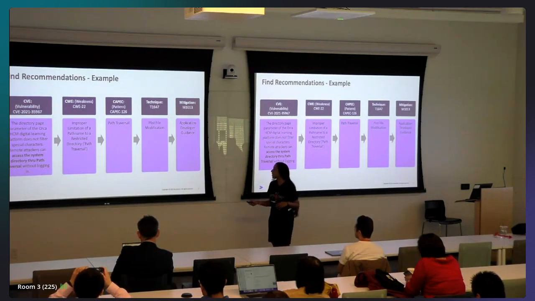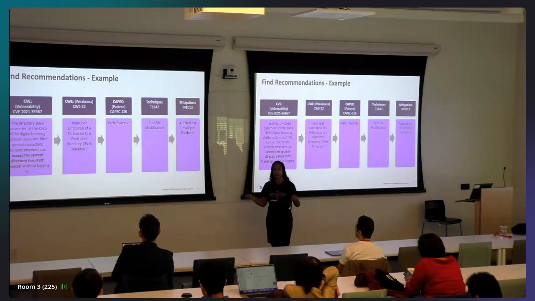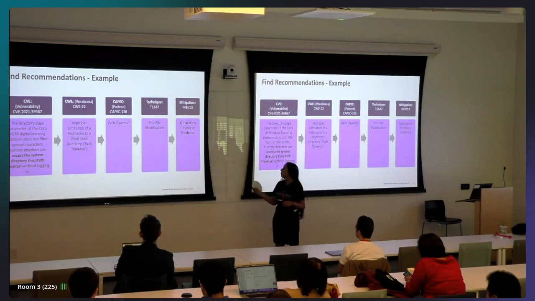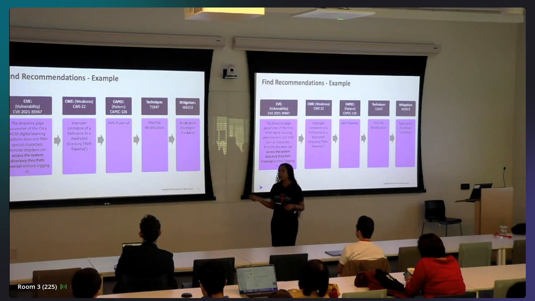What is the attack pattern, which is the CAPEC? What is the attack technique? What is the attacker threat? And then what is the mitigation? By knowing the mitigation, we can understand how to mitigate this specific vulnerability and avoid it.